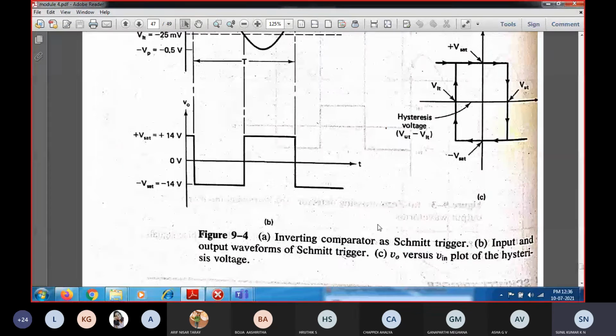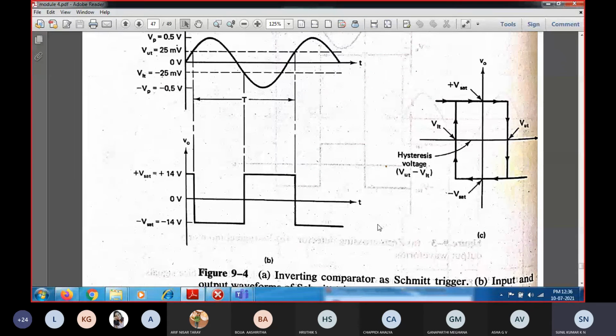We can also call it the transfer characteristic or hysteresis cycle, wherein you have the plot of input voltage versus output voltage. Along the x-axis you have a positive input voltage, and here is a negative input voltage. Upwards is positive output voltage, and downwards is negative output voltage. So you are going to see the hysteresis, that is, the operation of this inverting Schmitt trigger circuit.